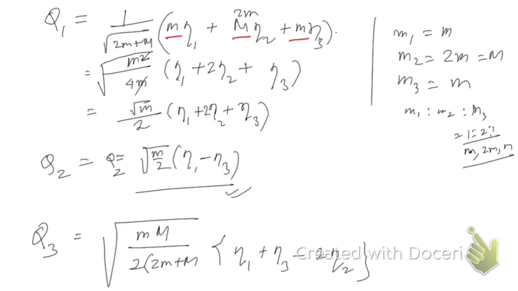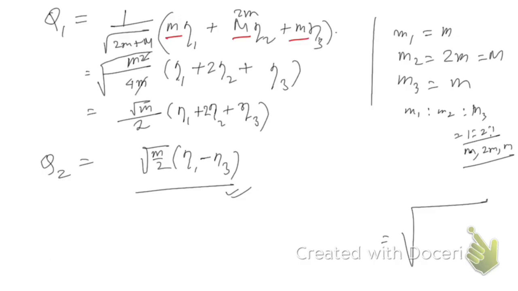Similarly here, m remains m, nothing to be changed here. In the next term, if you replace this capital M by twice m, let me copy this last step and take a new slide.